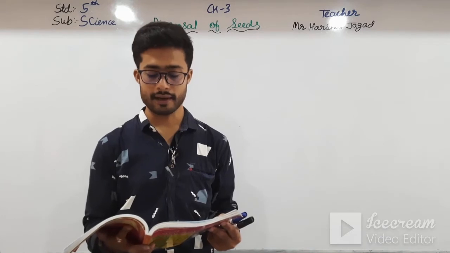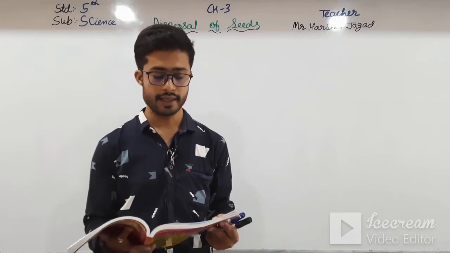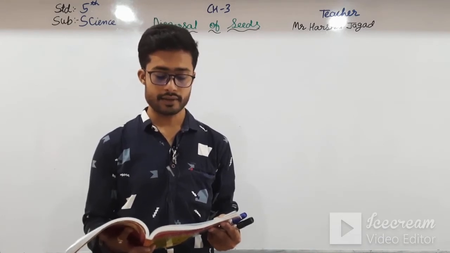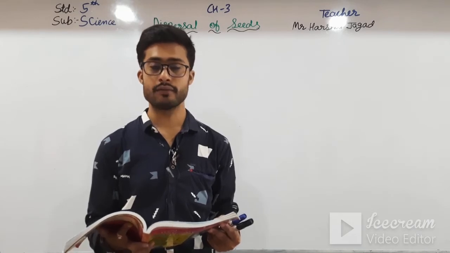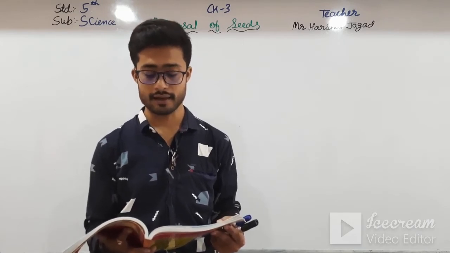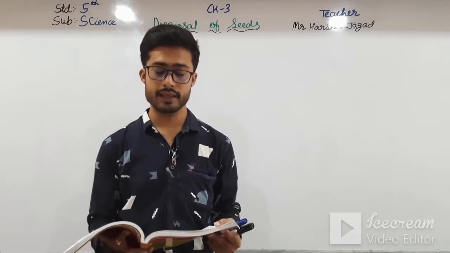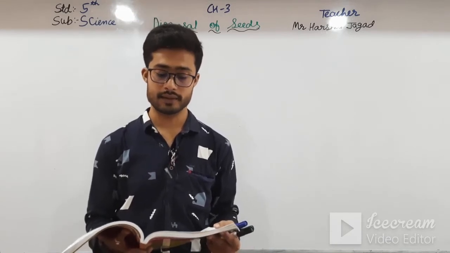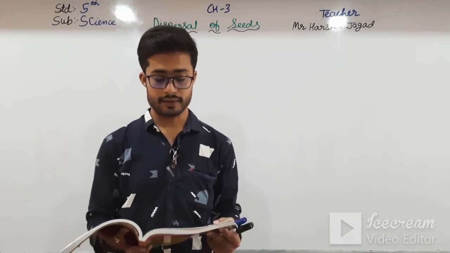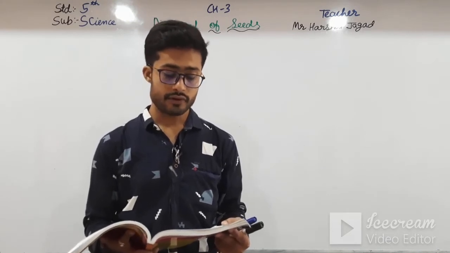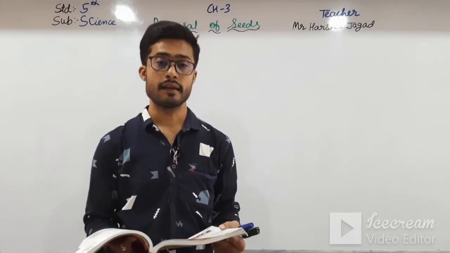They will not get enough mineral salts from the ground. So nature has made sure that the seeds are dispersed or scattered far and wide. The scattering of the seeds away from the mother plant is called dispersal. This gives the seed a better chance to grow into healthy plants.